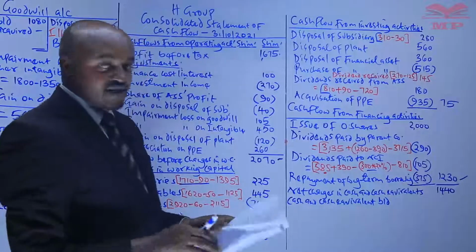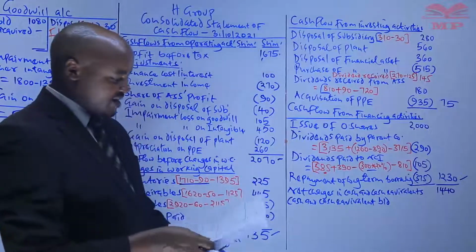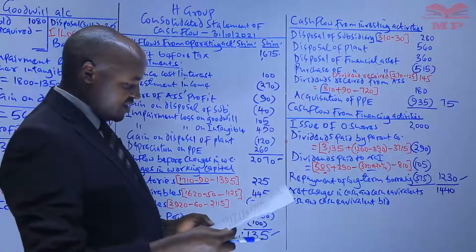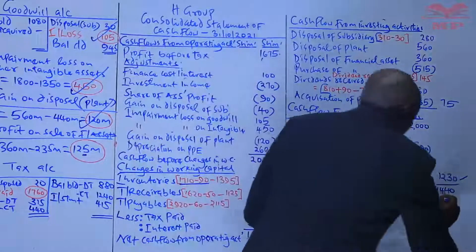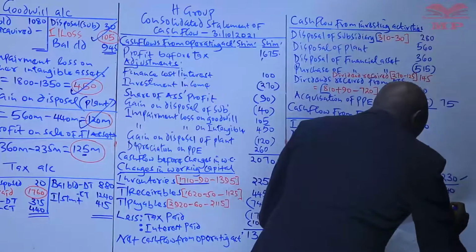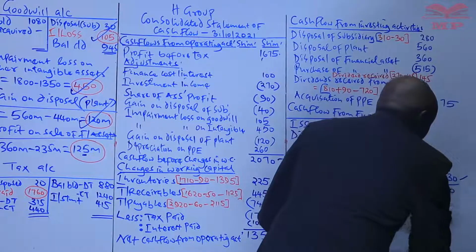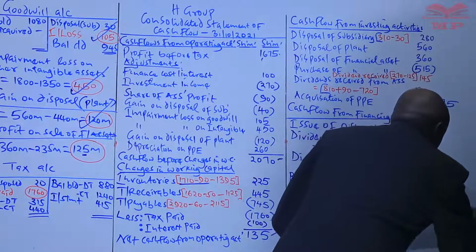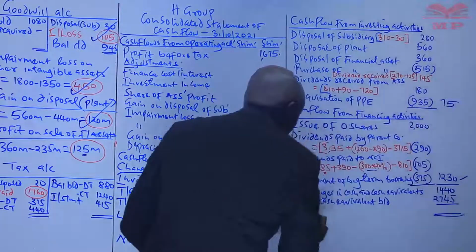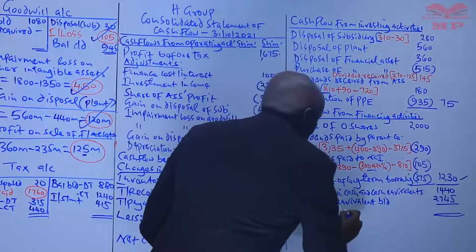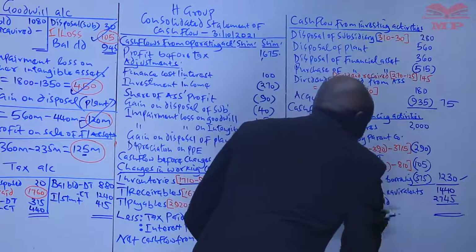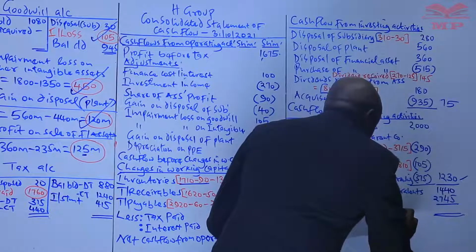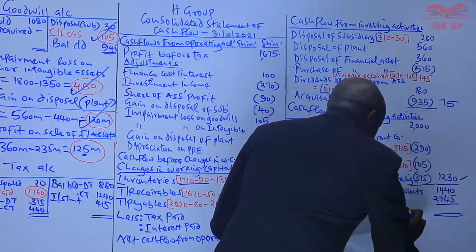This, we get it from where we have the current asset. Do we have it? Yes, in fact, we are given the cash and cash equivalent at the start, which is 2745. So we add the two. What we shall get here is known as the cash and cash equivalent balance carried down, which is 4185.